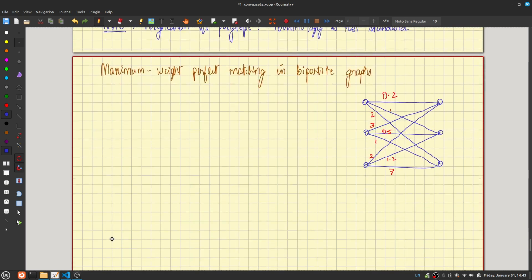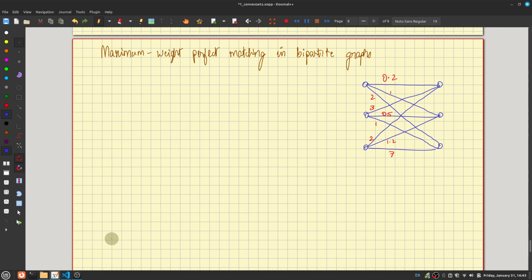Right. Any questions so far? Okay, so now let's look at a very specific optimization problem. It's a general problem called maximum weight perfect matching in a bipartite graph. So what is a bipartite graph? It is just a graph containing two sets of vertices. The vertices on the left are called the left vertices, and the vertices on the other side are called right vertices.